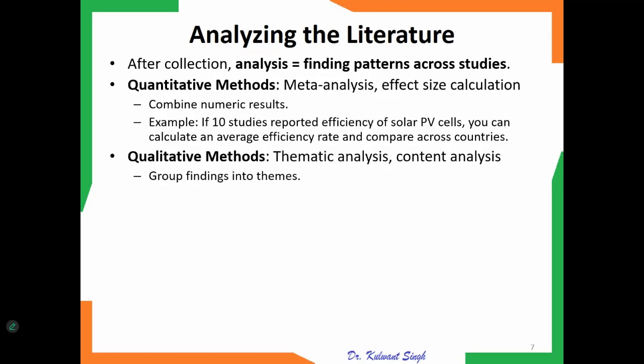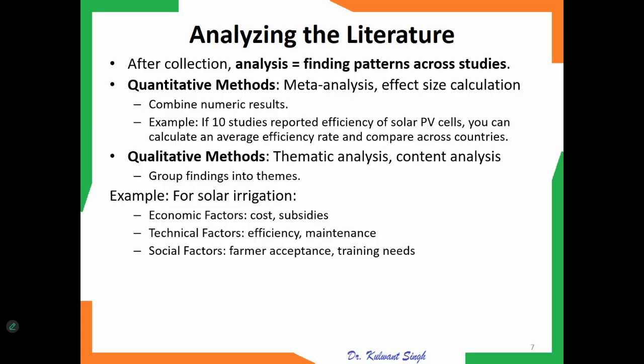Now, second is the qualitative methods. In qualitative, we can perform thematic analysis. Content analysis means grouping findings into themes. We will select a few themes, find the relevant papers from our selection, and report them under the particular theme. That is the qualitative way of reporting or analyzing the literature. If we take the example of solar irrigation, we can analyze economic factors, where cost and subsidies are the themes.